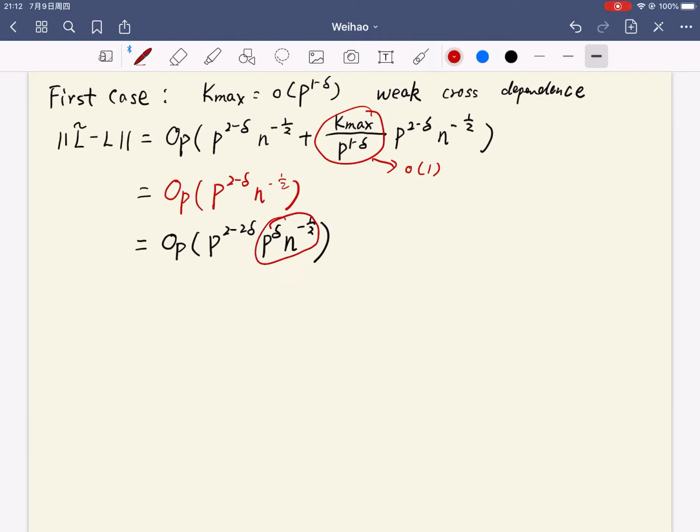Since the second part is little o1, we know this is little op.